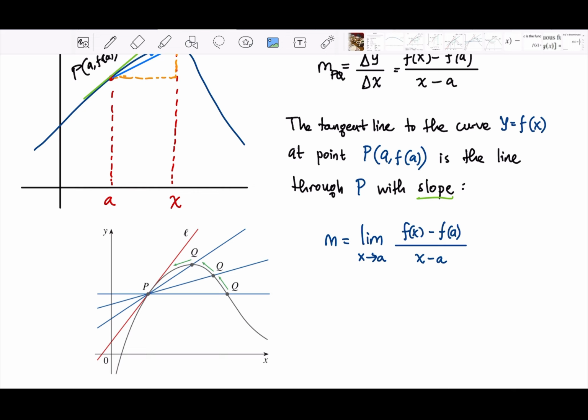Before going to the derivative, there is another way to write down the formula. So this is one way to rewrite.